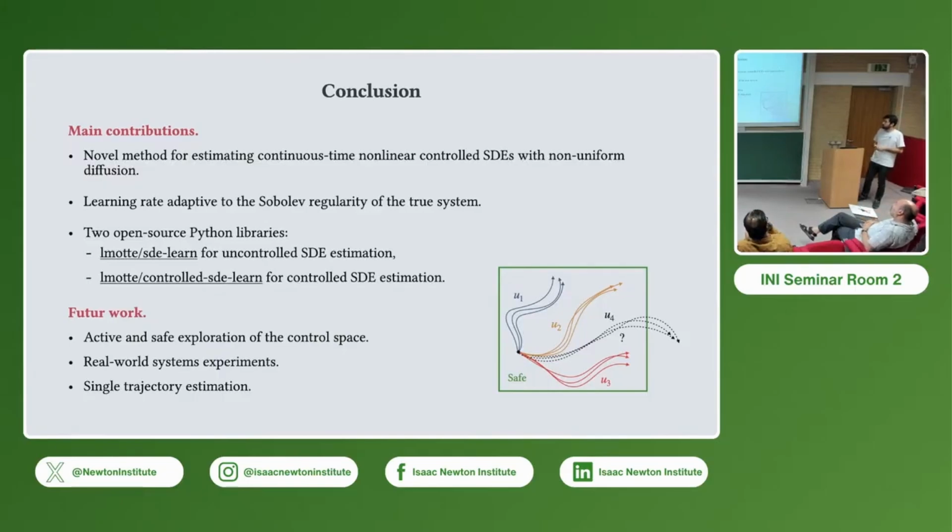So I'm interested in trying to estimate the system only observing one trajectory, but the horizon increases, of course, and probably we will need to make some assumption like ergodicity to have a good coverage of the state space. Yeah, that's it.